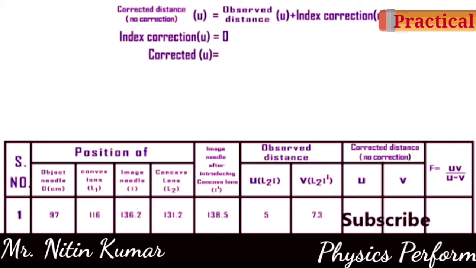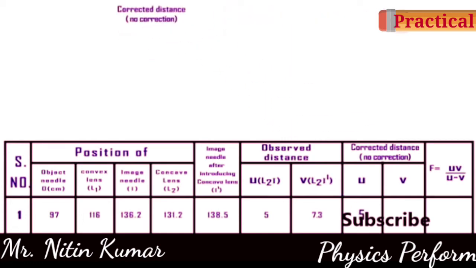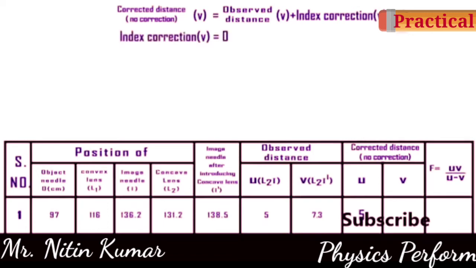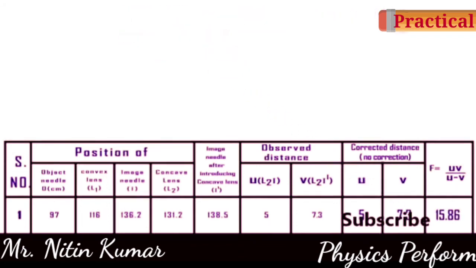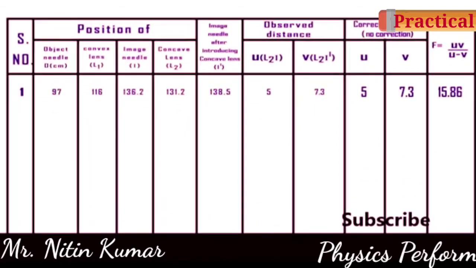Corrected U is equal to 5 plus 0, that is 5 centimeters. Corrected distance V is equal to observed distance V plus index correction V. Index correction V is equal to 0. Corrected V is equal to 7.3 plus 0, which is 7.3 centimeters. F is equal to 15.86 centimeters. Similarly, the other observations are as follows.